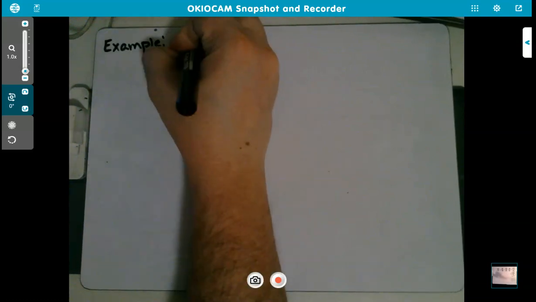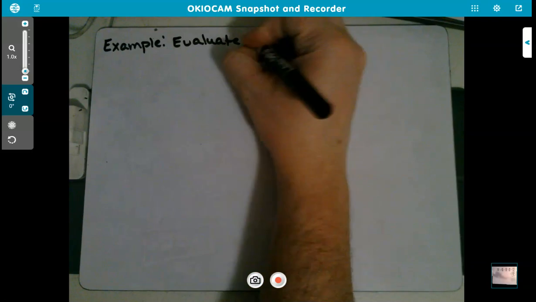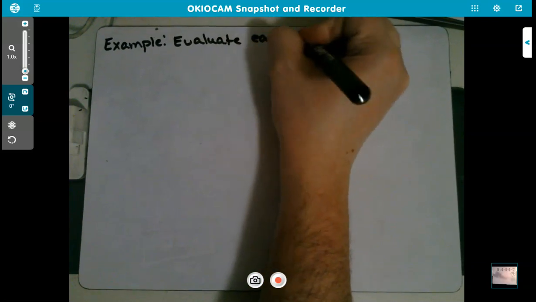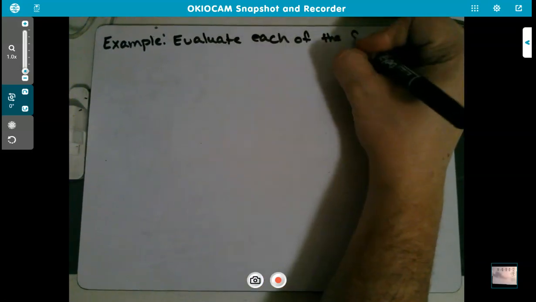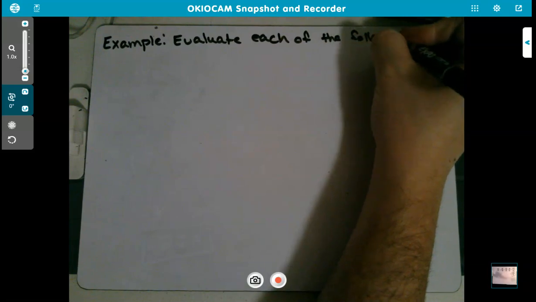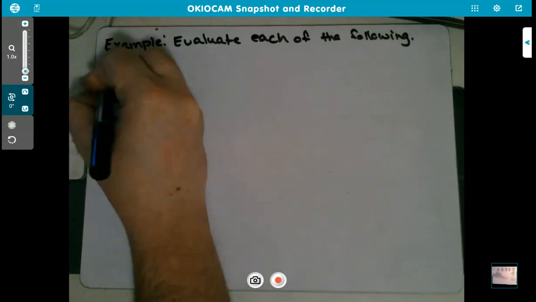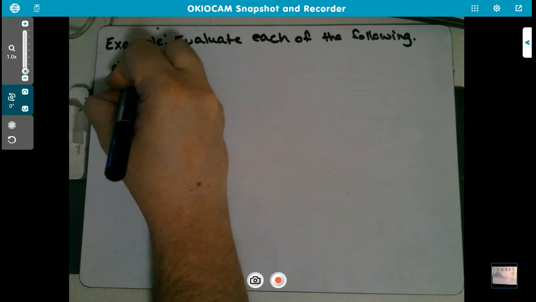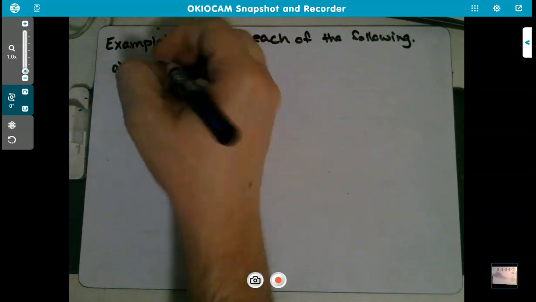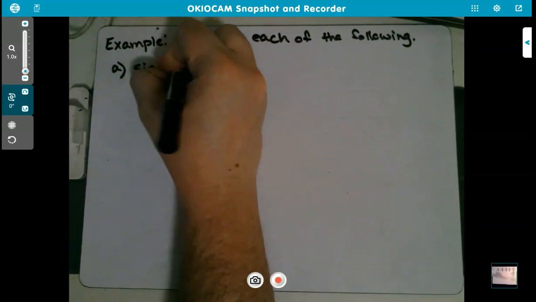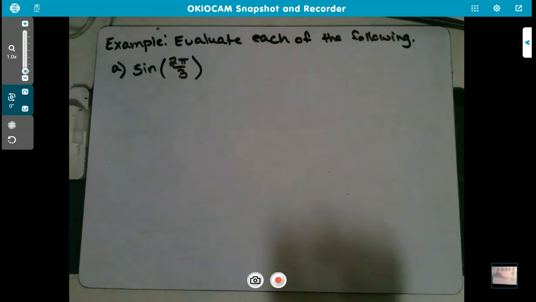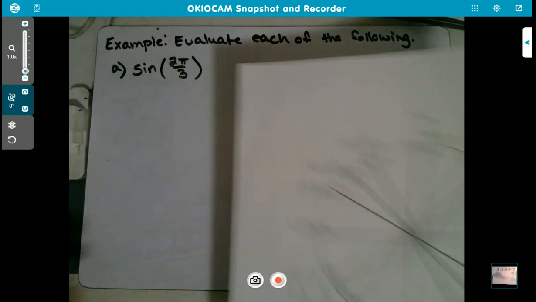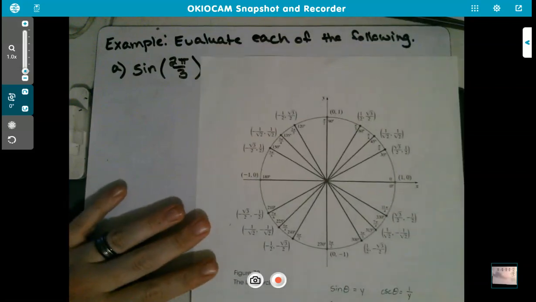Example, we're going to evaluate each of the following. The first thing I want us to evaluate is sine of 2 pi over 3. So like I said, it's going to be very helpful if you have the unit circle out. So I'm going to get mine out.